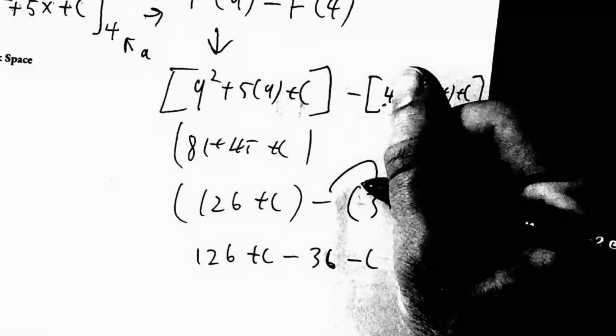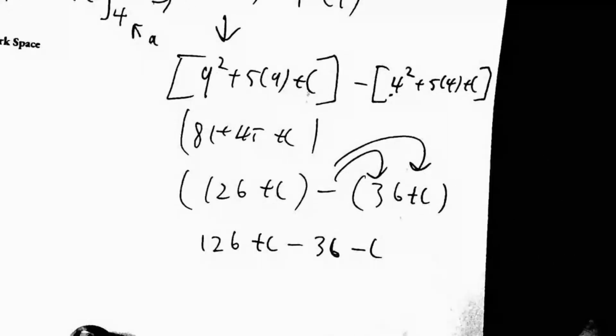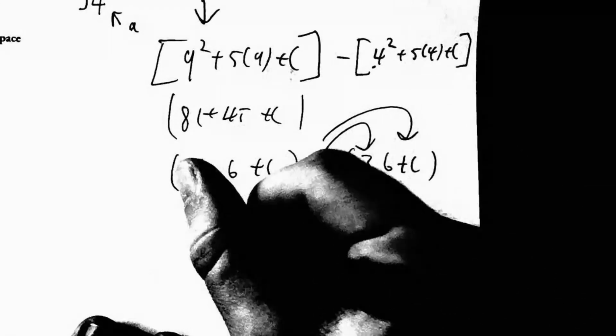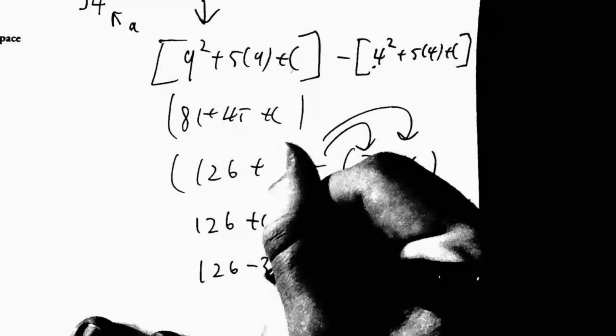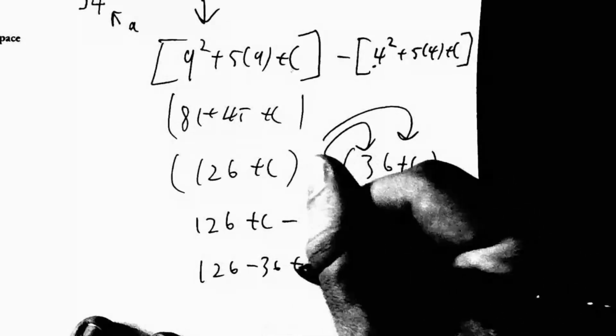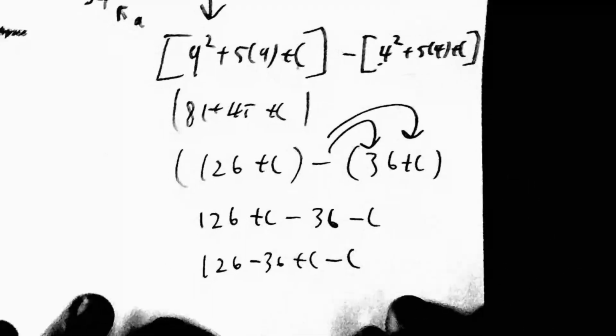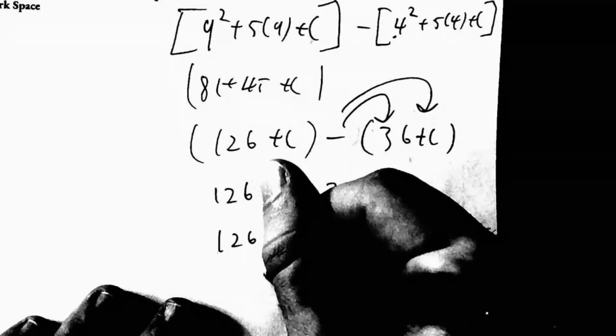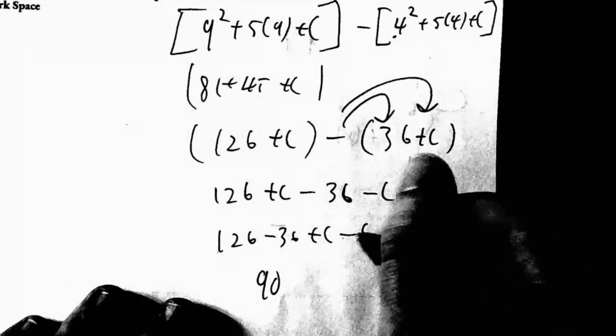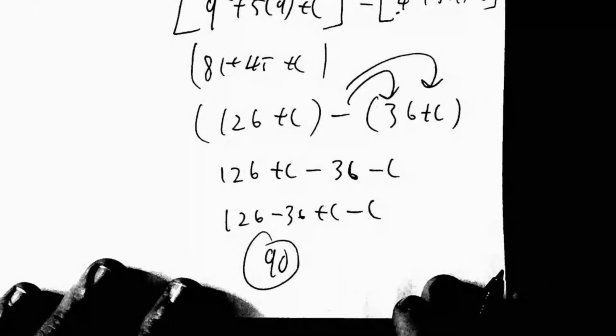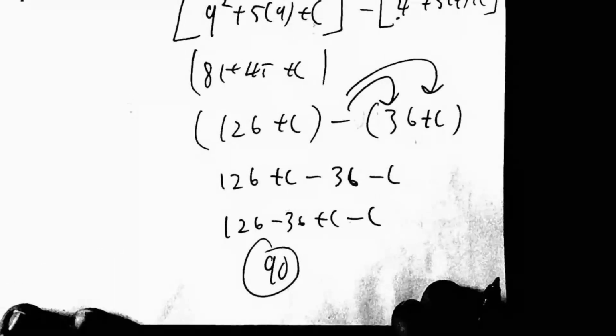Right, so I'm just distributing that to both of these here. And then if you group the terms together, you get 126 minus 36, and you have c minus c. So I shifted them around a bit, and that gets me 90, and then these c's will cancel, so the solution is 90. And that is what we have covered so far.